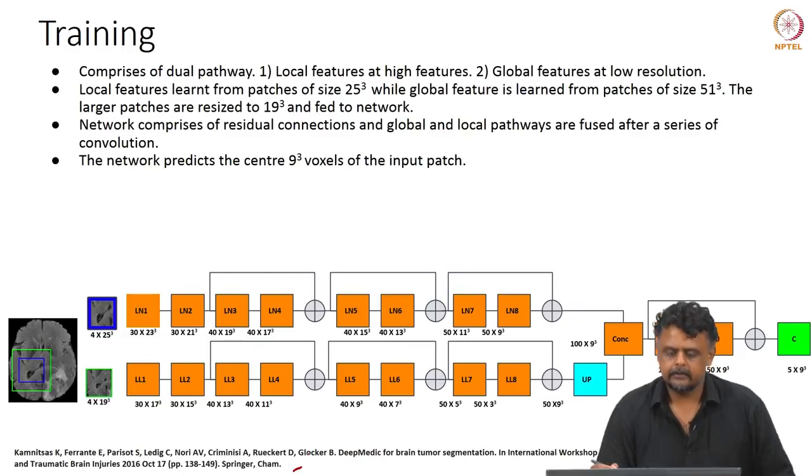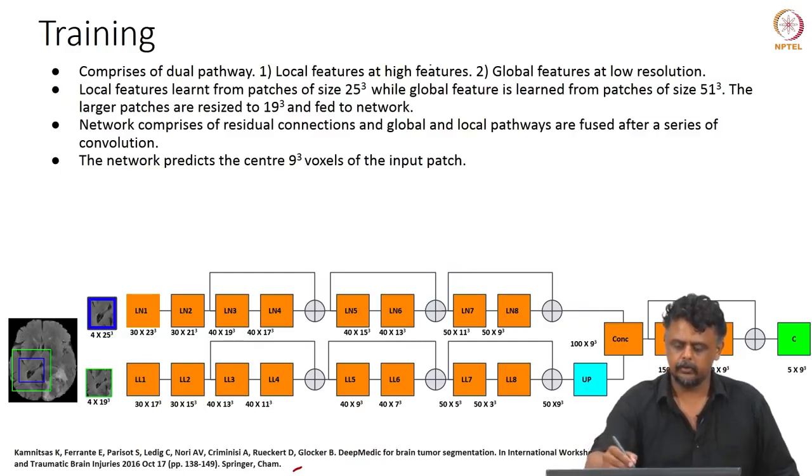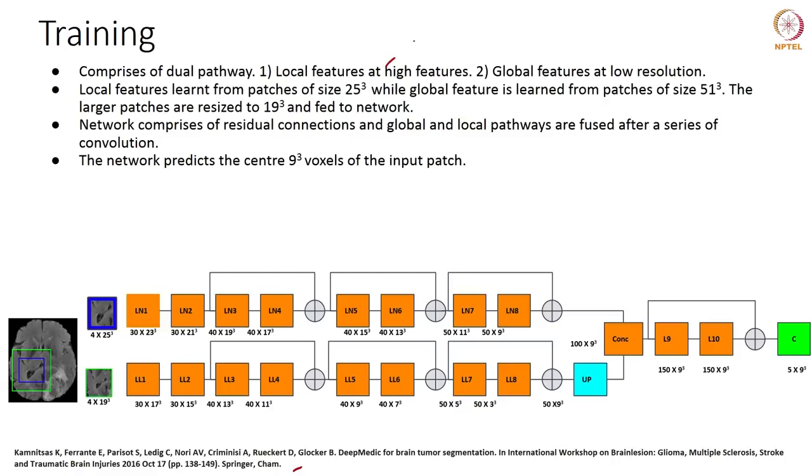One pathway is supposed to give local features at high resolution, and the other one gives global features at low resolution. So, the local features are learned from 3D cubes of size 25, with 4 such channels. Whereas the global features are learned from patches of size 51, but then resized to 19 cubes.